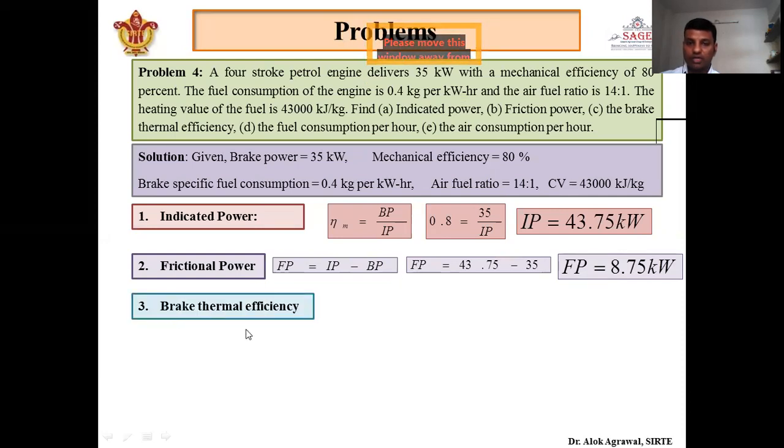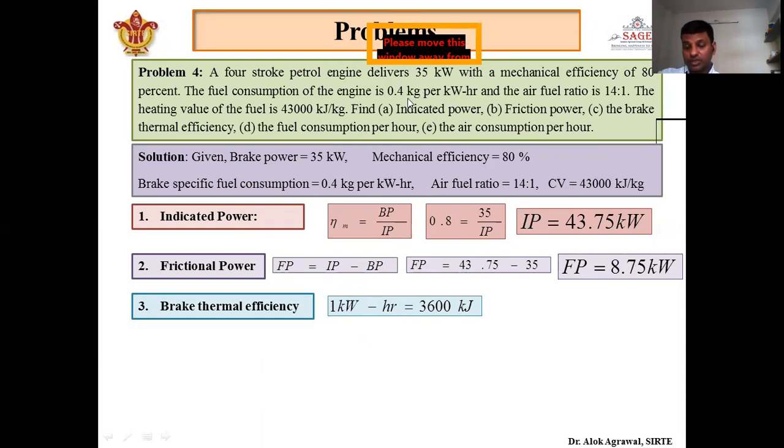Third one is brake thermal efficiency. We know that 1 kilowatt hour is equal to 3600 kilojoule. The formula of brake thermal efficiency is brake power upon mf into CV. But here we don't know the exact value of mf, we know it only in terms of brake specific fuel consumption. We cannot use that formula directly by taking brake power as 35 kilowatt.